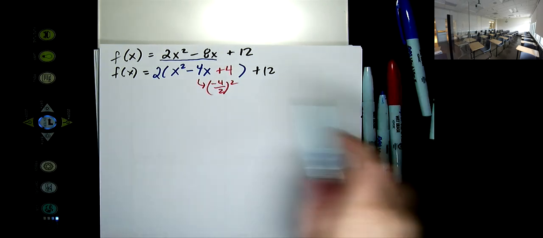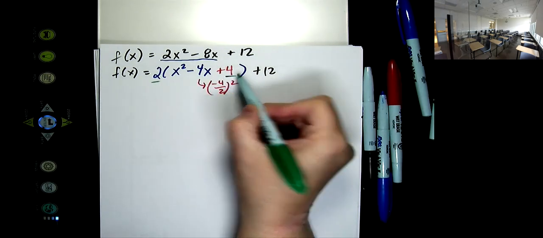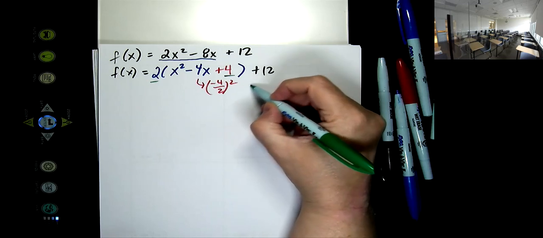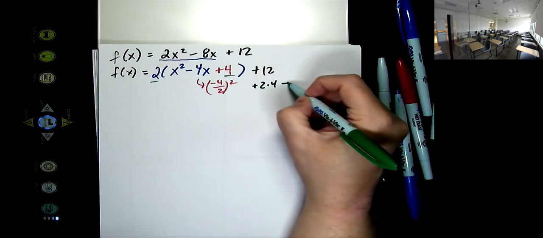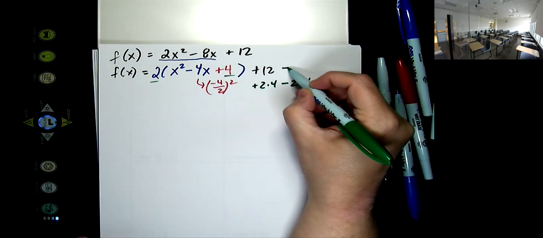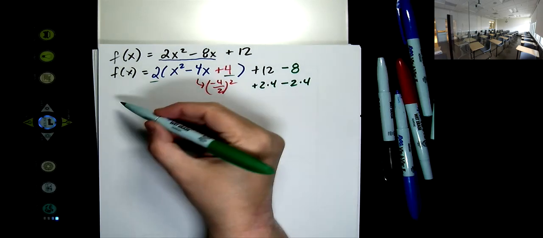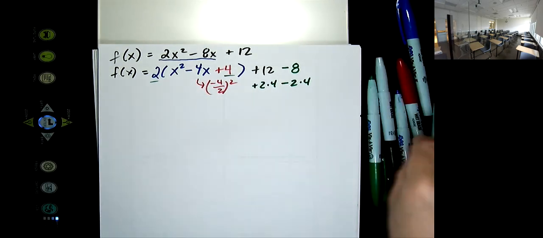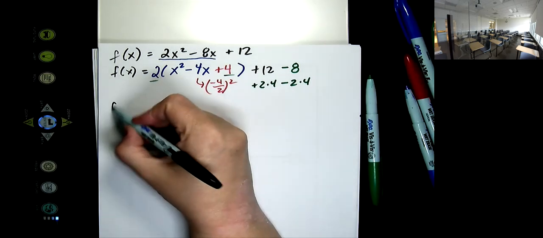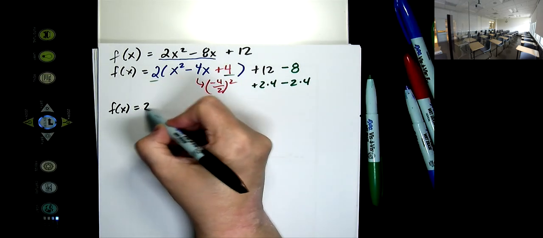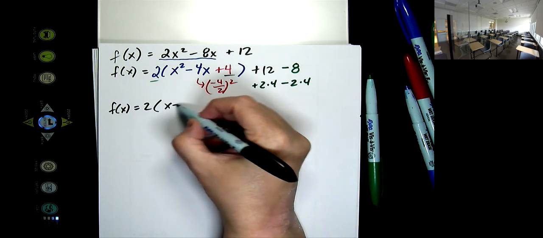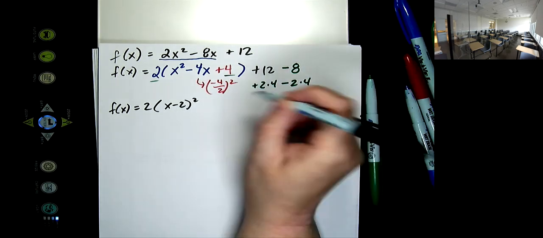So what was added was this. I added +2 times 4, so I need to subtract 2 times 4 as well. I'm gonna do -8. If I do that, I can complete the square like I normally do. Now there's just a 2 out front. And this is x minus 2 squared plus 4.